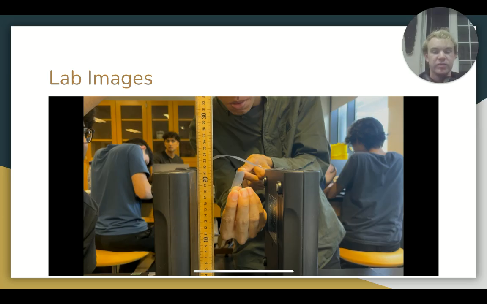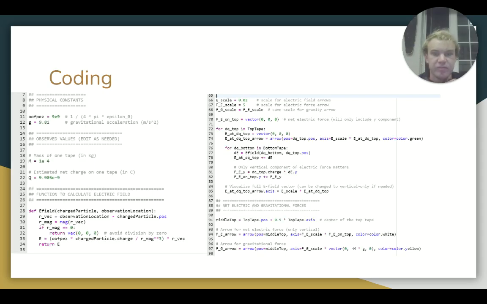Here's our lab setup. You can see two pieces of tape there. And then for coding, we start in the top left with some physical constants, gravity and the K constant, and then laboratory values are a little bit below that, and then the coding I do a little bit lower is calculating the electric field, and then giving that as a vector.